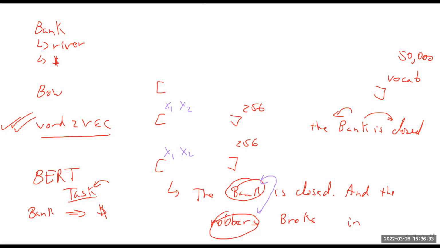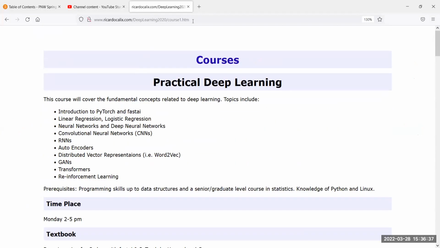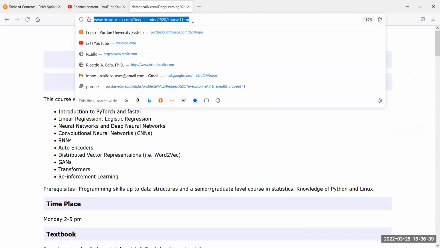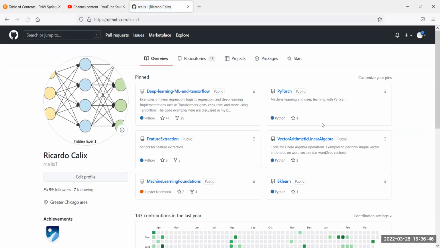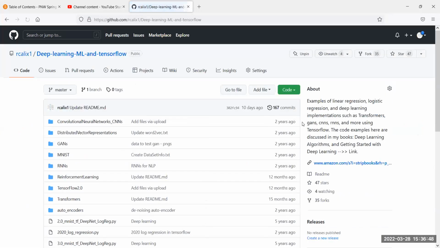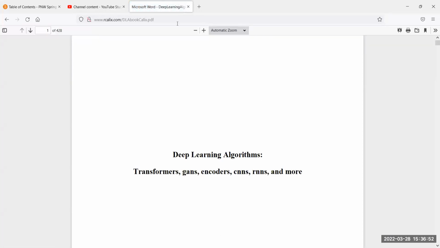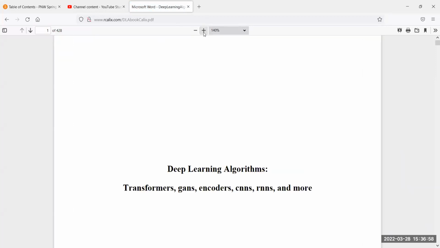So let's go back now to the book. Go to the book here. All right, here we are. You should be seeing the book. Yep. All right, let me make this a little bit bigger.